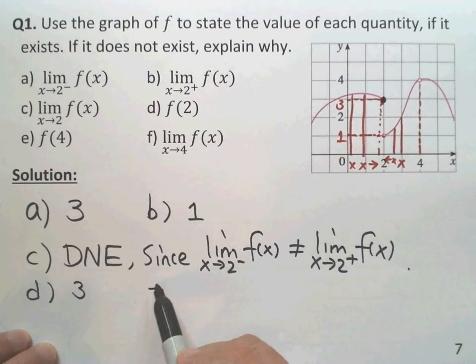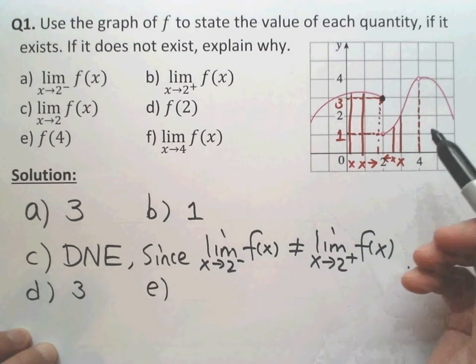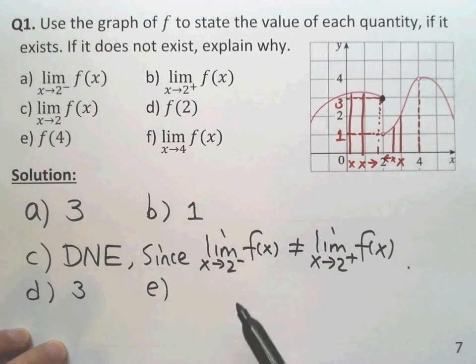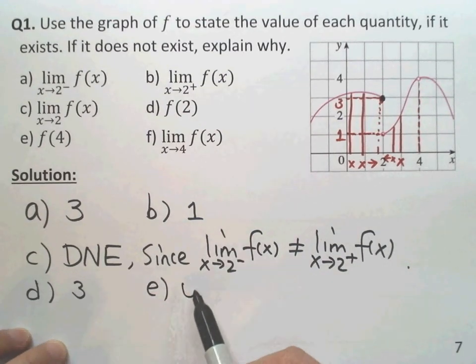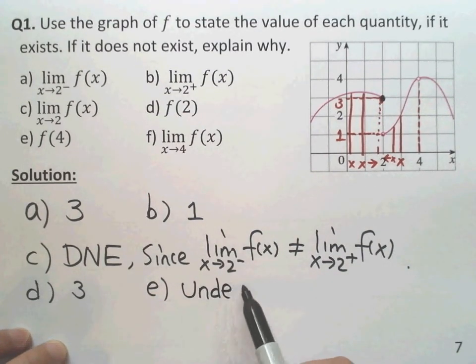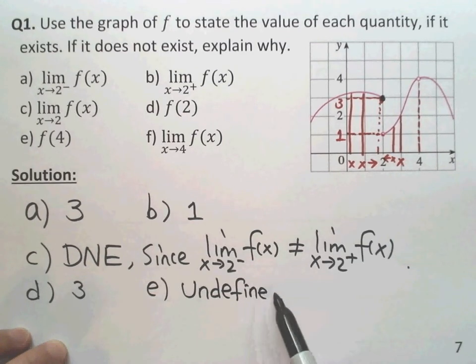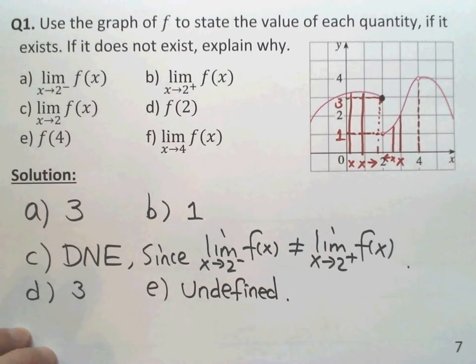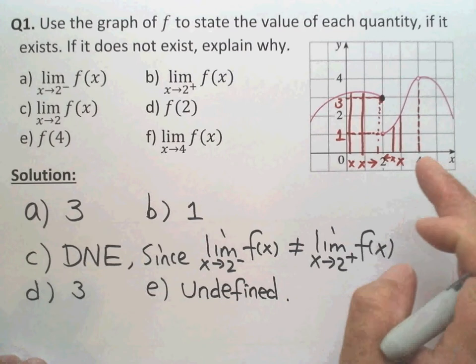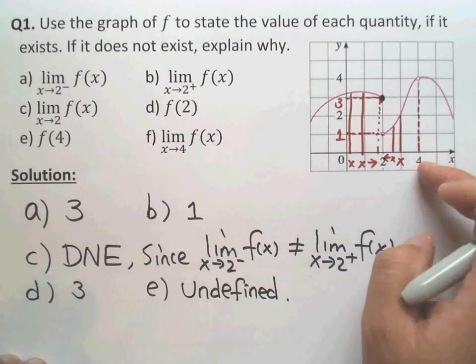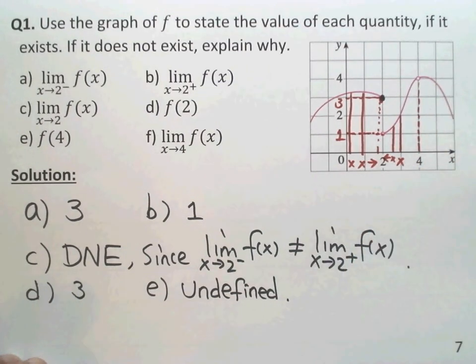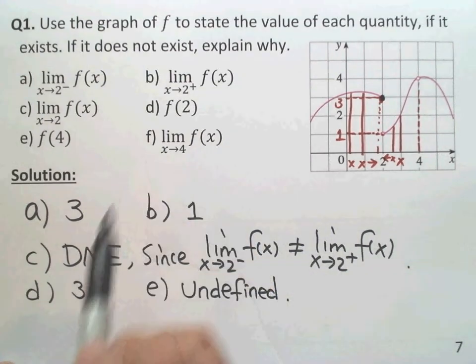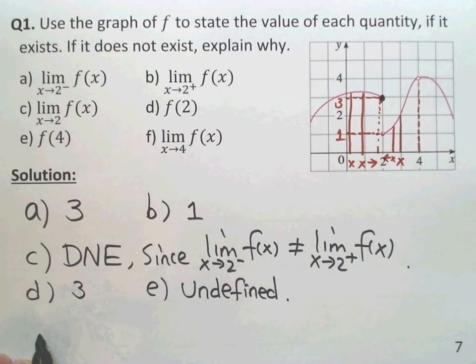So for E, how do you say it? You say it is not defined, or undefined. The function is not defined at x equals 4, which means 4 is not in the domain.